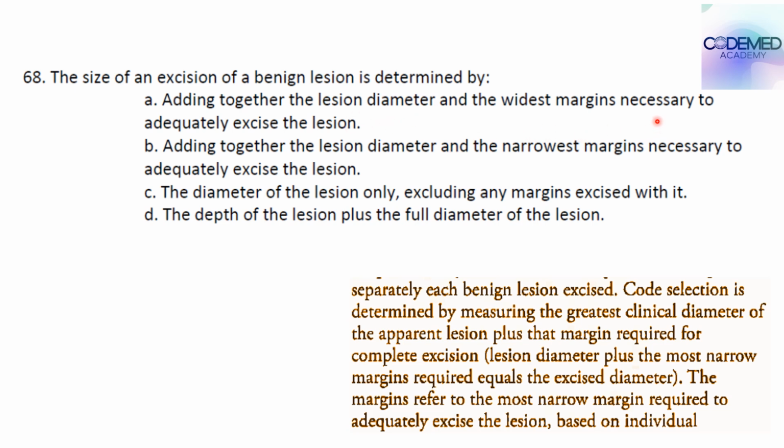No, it is adding together the lesion diameter and the narrowest margin necessary to adequately excise the lesion, not the diameter of the lesion only or the depth of the lesion. So the correct answer is B, because we have the guideline here: the lesion diameter plus the most narrow margins required equals the excised diameter.